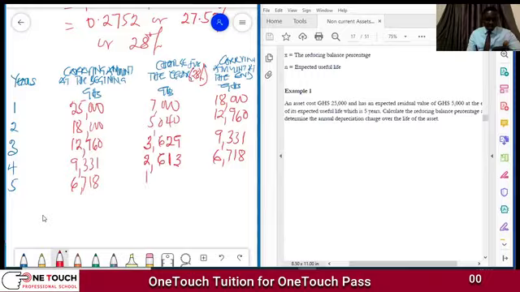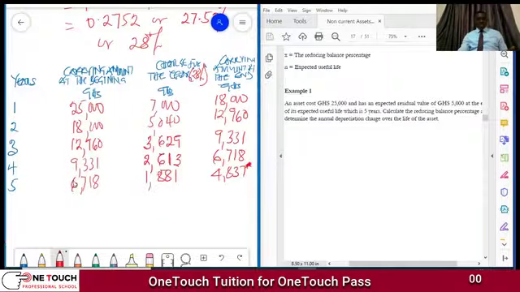That gives us 1,881. So 6,718 minus 1,881. That is 4,837. So this should have been equal to approximately 5,000, the residual value.